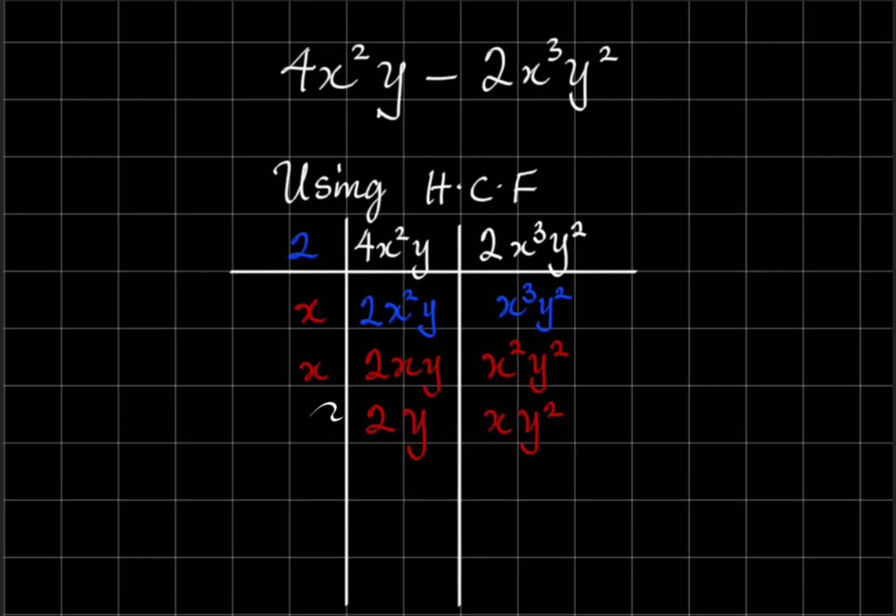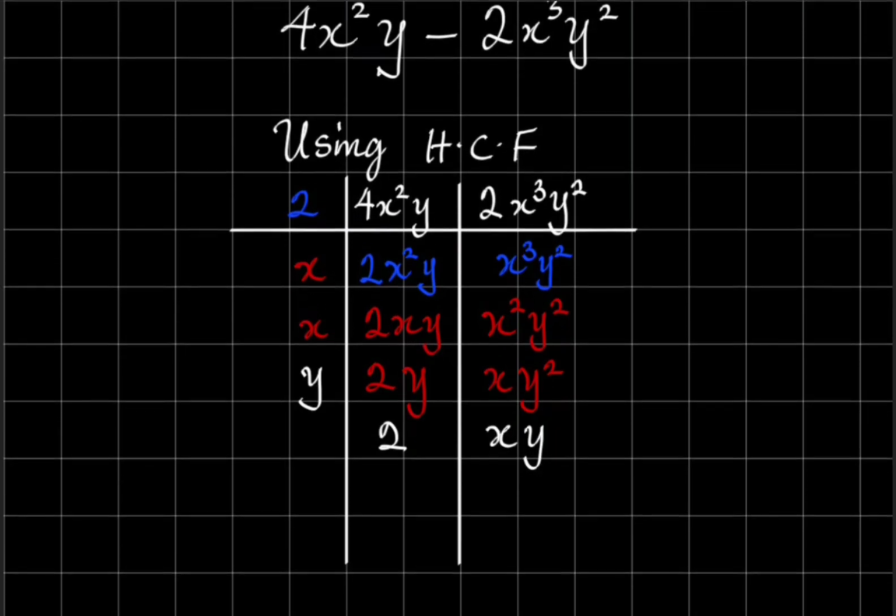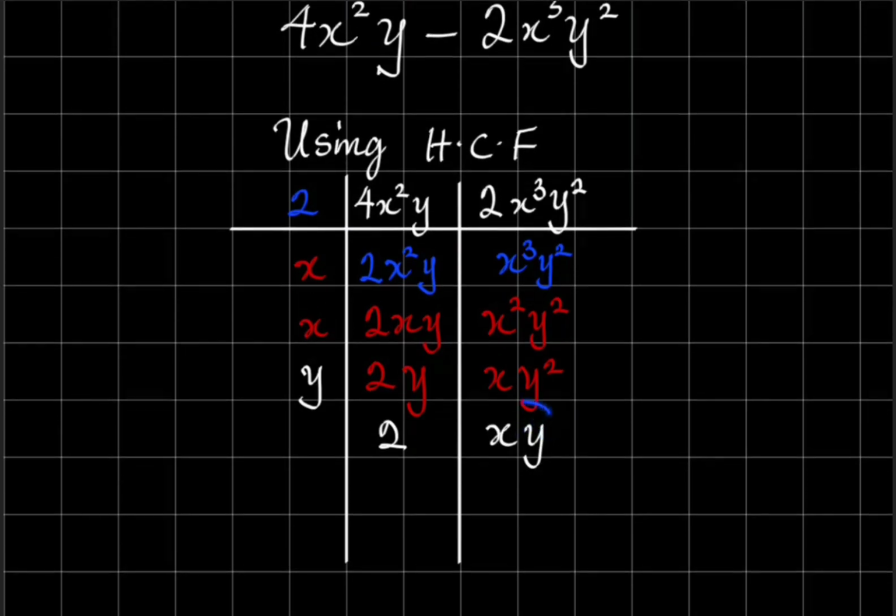We have y, and we are going to have ordinary 2 left here, x cannot go in 2, we write our x, but it will reduce this y by 1, so we have ordinary y. From the look of things, what we have here, x, y, and 2, there's no common term between them anymore. So in short, we've arrived very close to the final answer here, so we stop here.